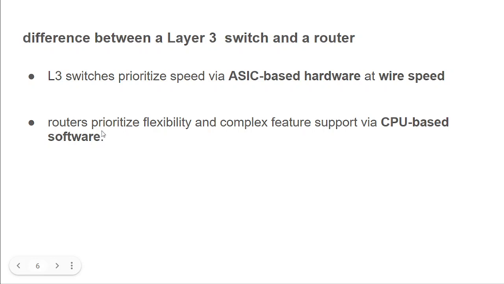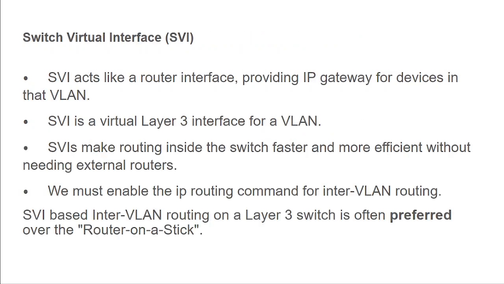Routers prioritize flexibility and complex feature support via CPU-based software, and routers are slower than the L3 switch. That's why for a large number of devices in a network, we use the layer 3 switch, which is much faster.